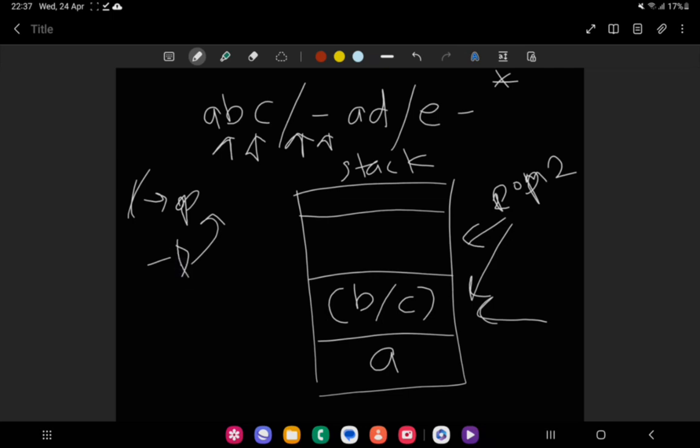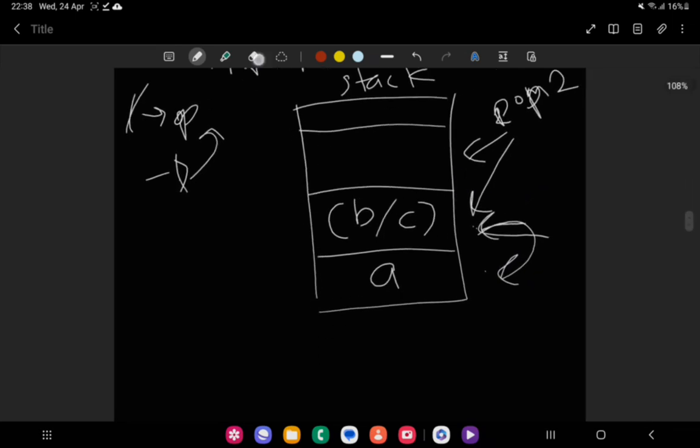So operand 1 is equal to B slash C, and operand 2 is A. So we push this here.